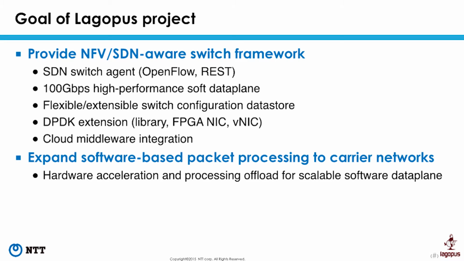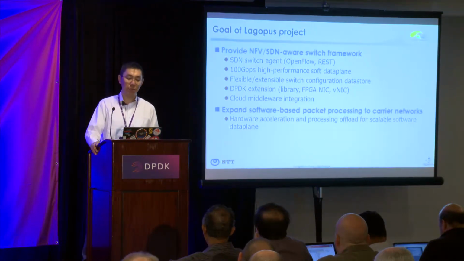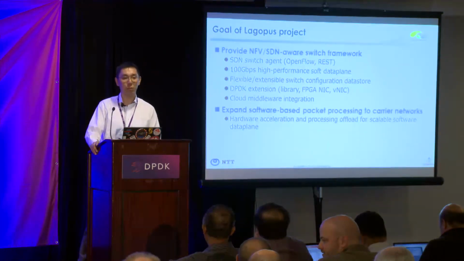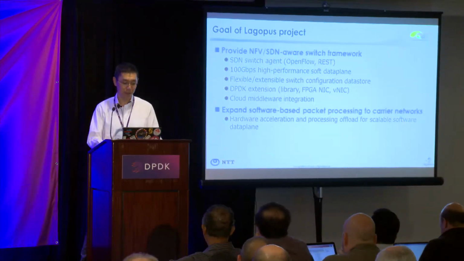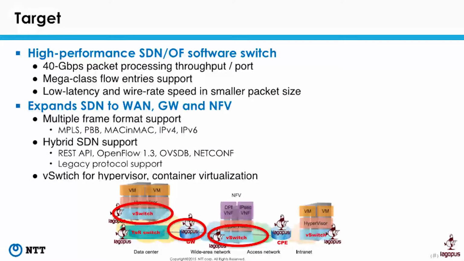Another goal of our project is to expand software-based packet processing to carrier systems. Basically, carriers tried to leverage hardware appliances due to performance issues or scalability issues. So our challenge is to bring the software data plane using general purpose servers to production networks.